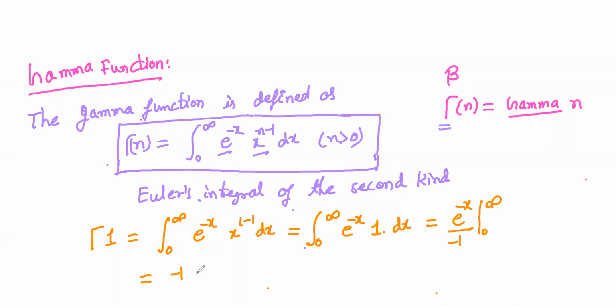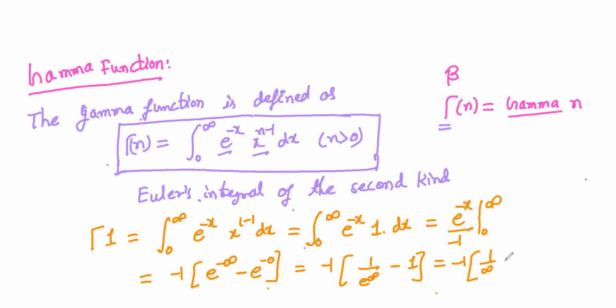So this is minus 1 times e raised to minus infinity minus e raised to minus 0. Any value raised to the power 0 is 1. 1 upon e raised to infinity means 1 upon infinity, which is 0. So minus 1 times 0 minus 1 is 1. So can we say gamma 1 is 1?